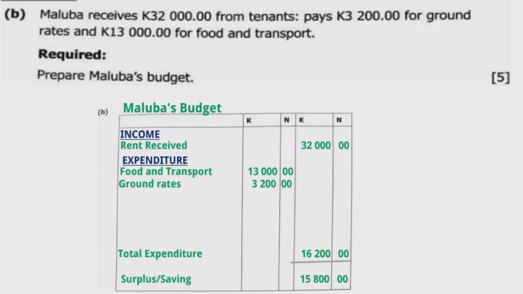This is the money that Maluva can either save or use for wants, or even invest so that Maluva can have more returns. Basically, this is how you prepare the budget for Maluva.